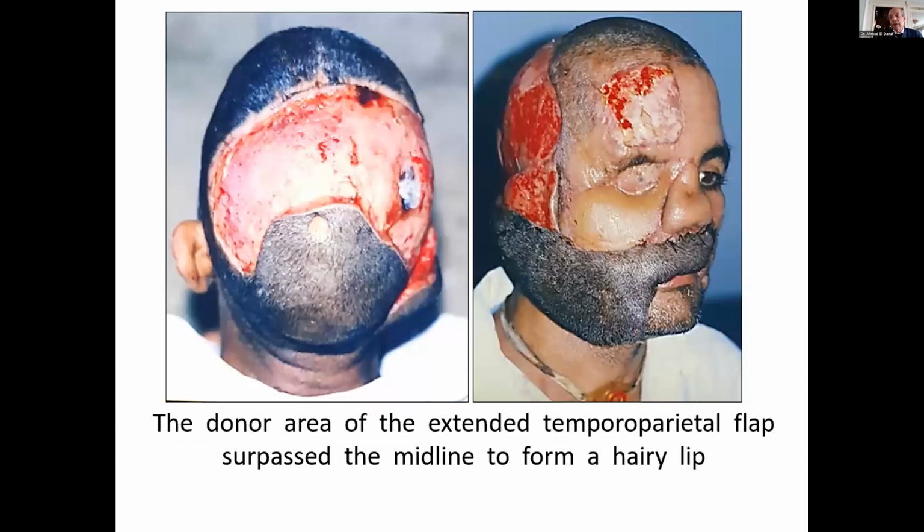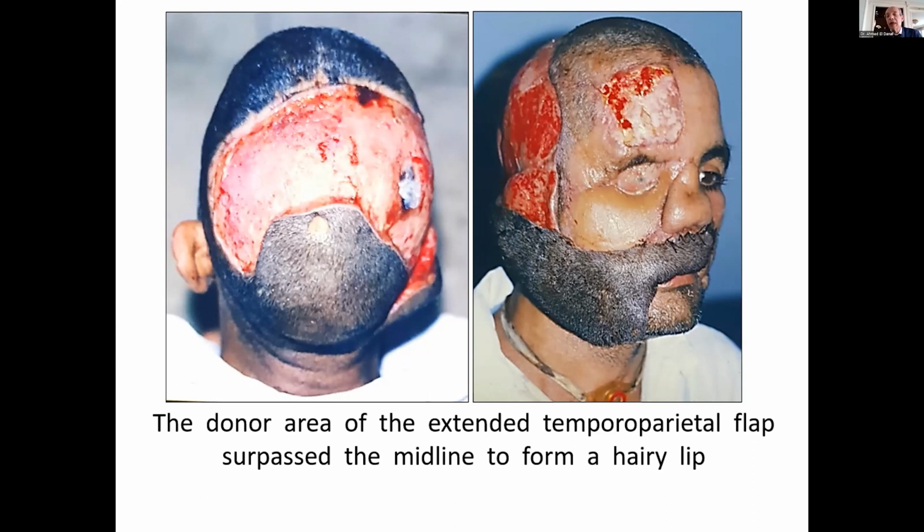Then the patient asked for a mustache, and I moved a flap from the right side, opposite to the converse flap side, which was the left one.